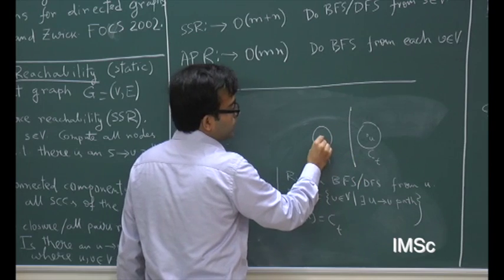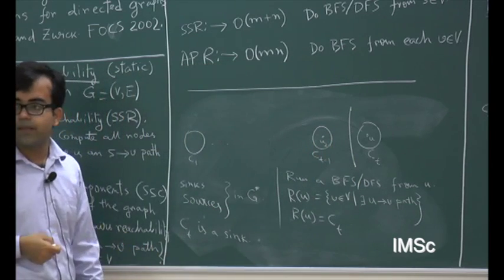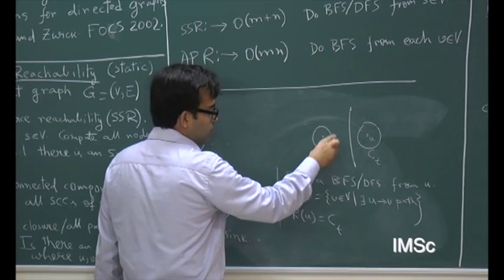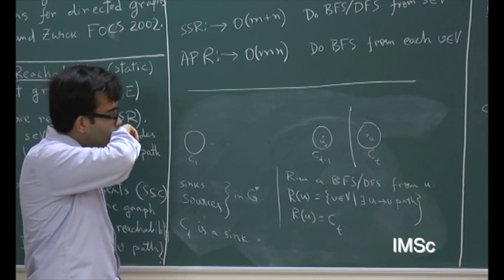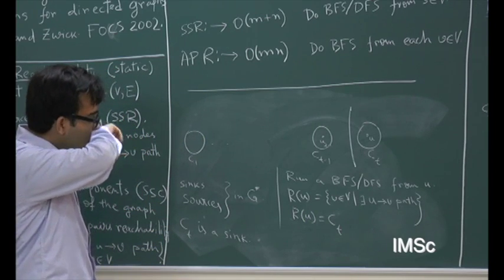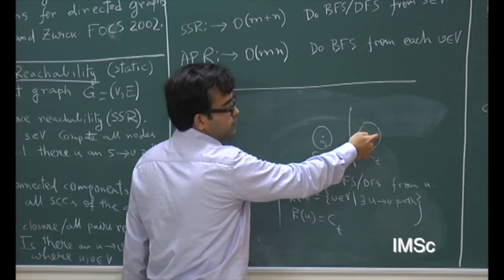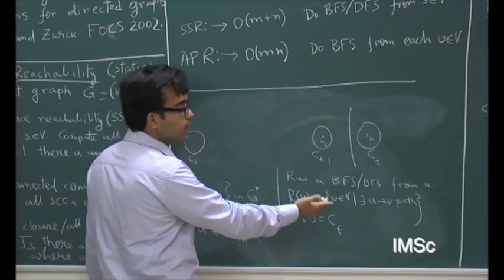So then again take a node, say u t minus 1, that belongs to this sink in the remaining graph. Again recover this component Ct minus 1 by doing this and repeat. And how much time will it take? Barring this part, finding this node in the sink, it's taking you linear time, right?